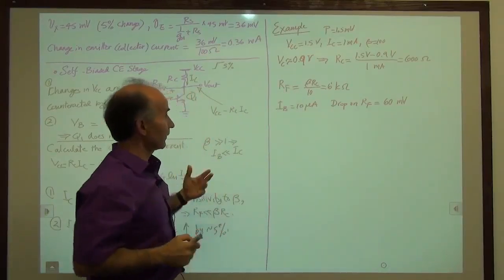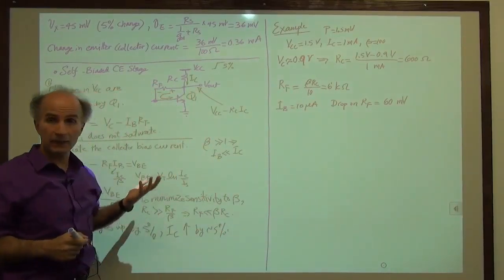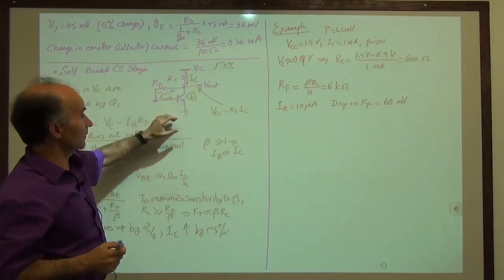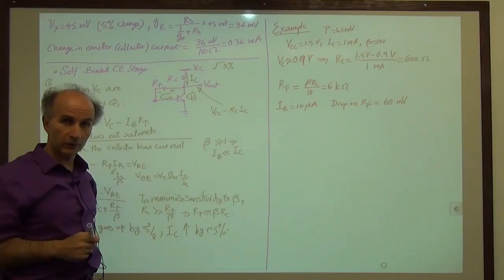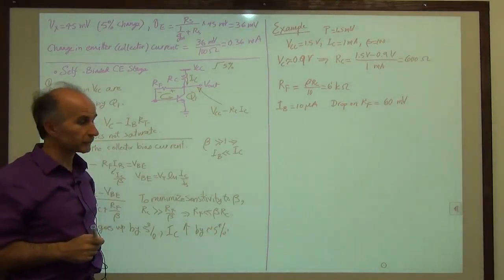So that's not far from what we expected. We assumed about 100 millivolts because we thought this is 0.8 and this is 0.9. So that's not too bad compared to our original assumption.